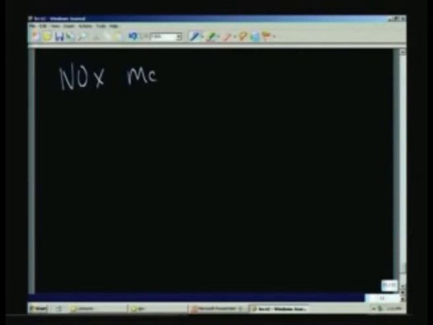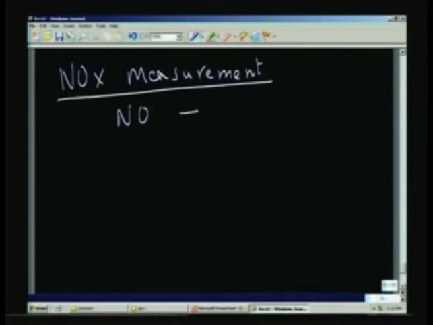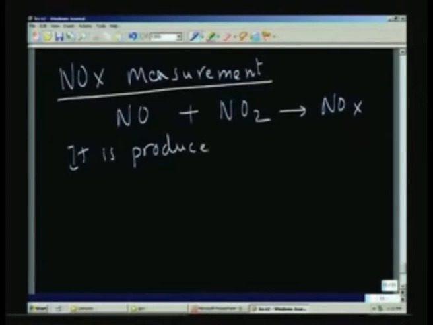NOx measurement. I think we already explained to some extent what this NOx is. Actually, nitric oxide plus nitrogen dioxide is referred to as NOx, and it is produced in combustion devices during combustion.